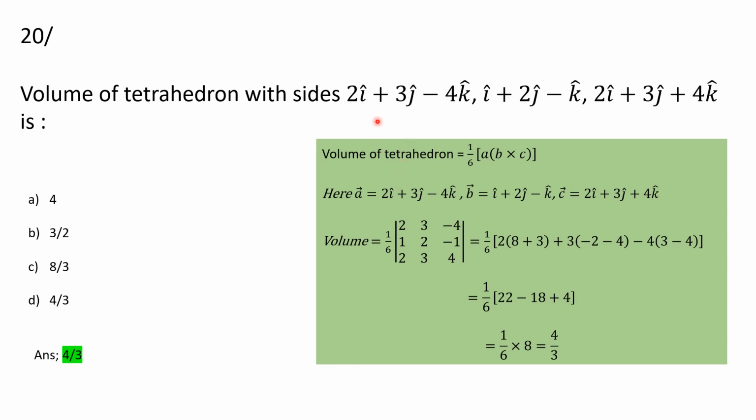Here A, B and C are the three sides of the tetrahedron, and from here we can calculate the volume by putting in the formula. So this would be equal to 1 by 6 times the determinant of these three sides. The final answer would be 4 by 3. So option D is the correct option, which is 4 by 3.